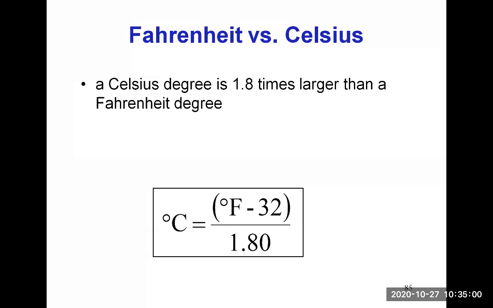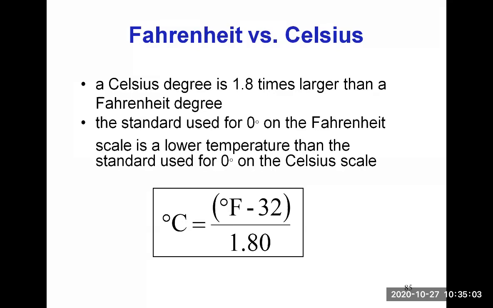And the standard used for the 0 degree on the Fahrenheit scale is lower. It's a lower temperature than the standard used for the 0 degree in the Celsius scale. And so this explains the degrees Fahrenheit minus 32, because if you have 0 degrees Celsius, that means your degrees Fahrenheit must be 32.